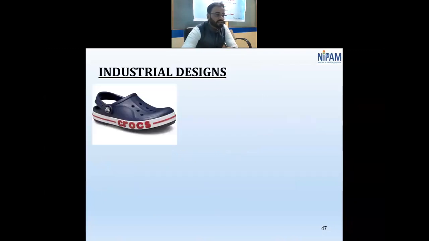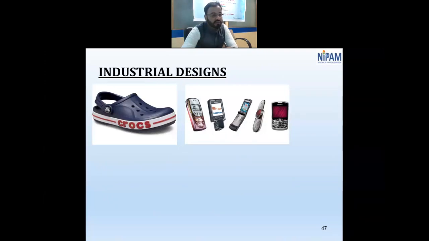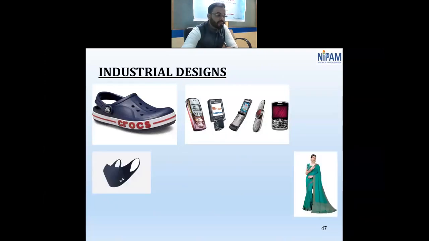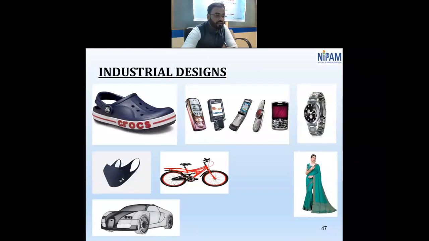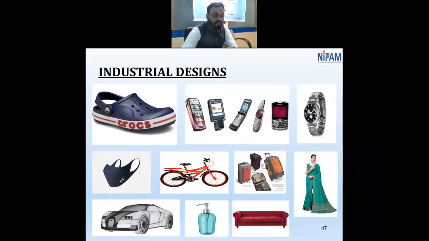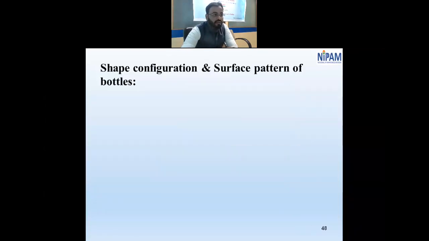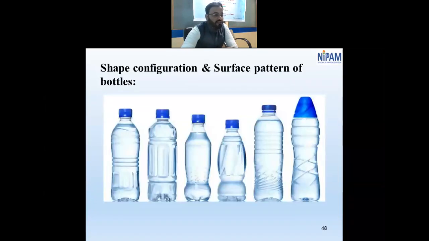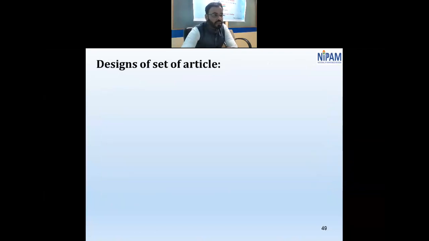Various common designs which you might have seen across clothes, slippers, various mobile phones, the designs on sari, face mask, bicycle, car designs, dispenser, soap dispenser, trolley bags. All these are industrial designs. Even the shape of a water bottle and the surface pattern also come under the design regime.